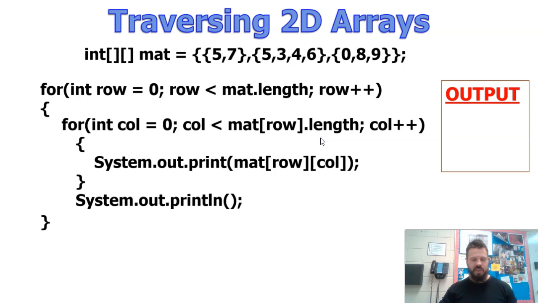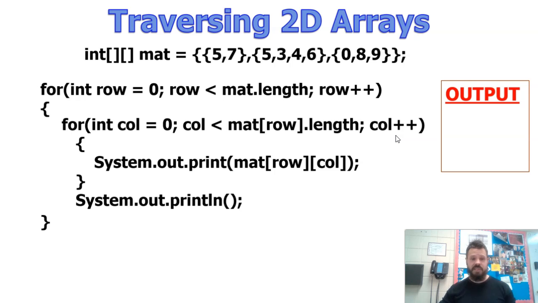I need to be working with the column length of the specific row I'm talking about. If I know I have a rectangular array, it doesn't matter which row I use here. A lot of times I'll just use 0. But if those rows are all going to have different lengths, I need to use the length of the specific row that we're talking about here. Okay, so we'll use the length of whatever row this outer loop's on.